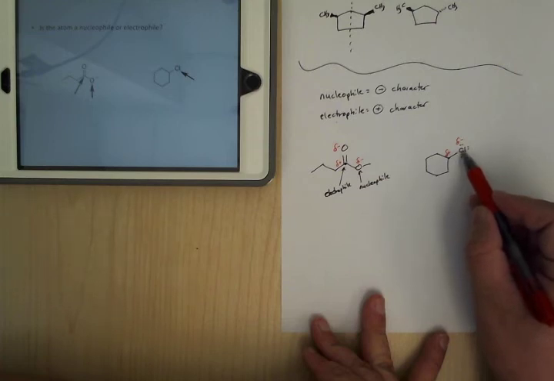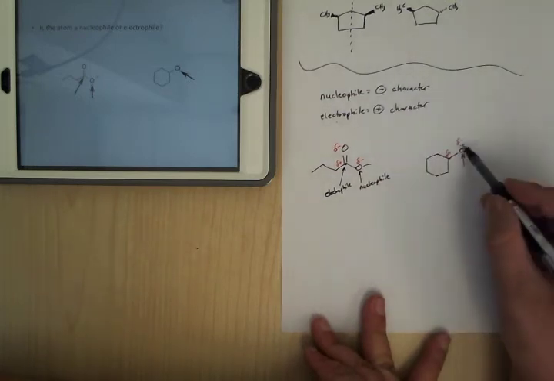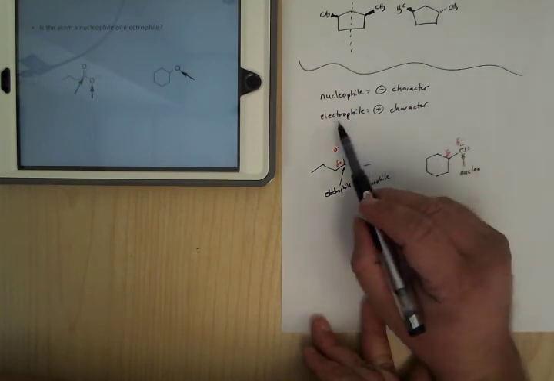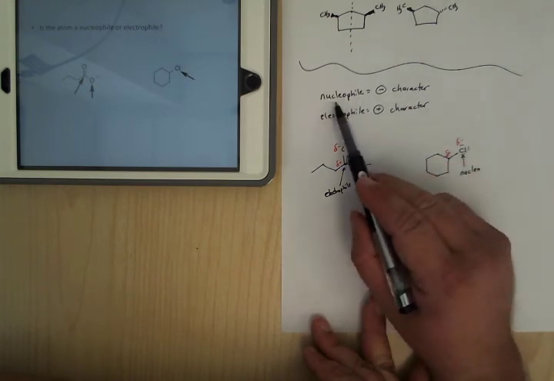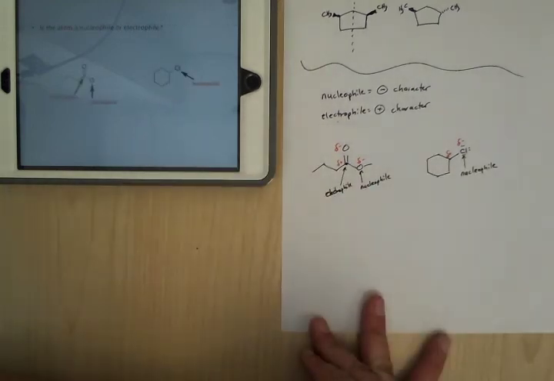Chlorine's more electronegative, so that puts a slight negative charge on here, which puts a slight positive charge here. Since it has negative character and it has lone pairs, this is going to be the nucleophile. It's going to be searching for positive charge. So it's a nucleophile. There you go.